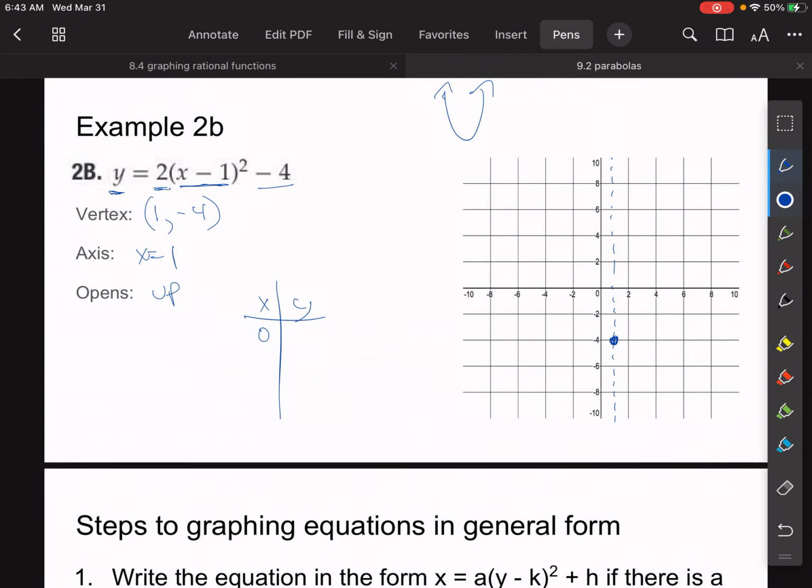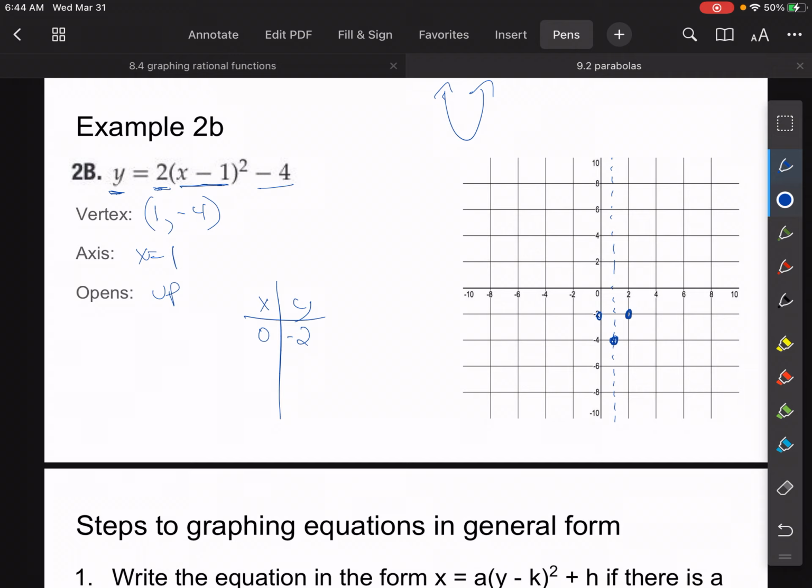If I plug a 0 in for x, I end up with negative 1 squared, which is 1. 1 times 2 is 2. 2 minus 4 is negative 2. So at 0, I'm at negative 2. I would assume that if I plug a 2 in, I'd get the same thing, and that is true. So you kind of get an idea of what's happening here.